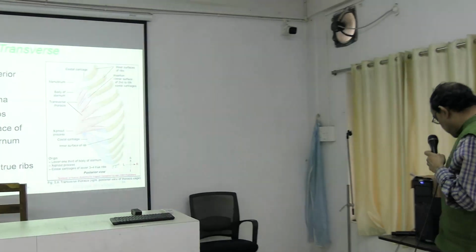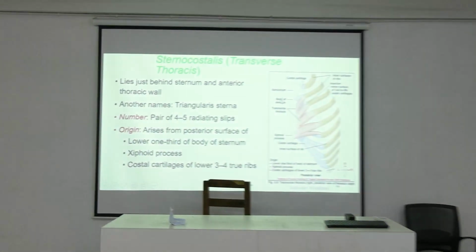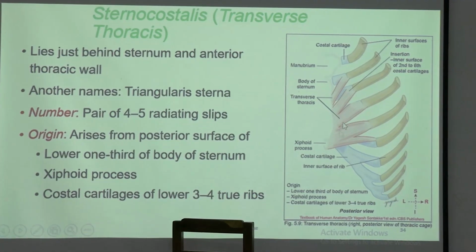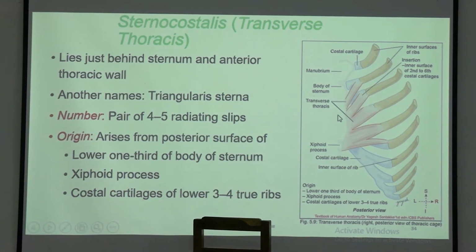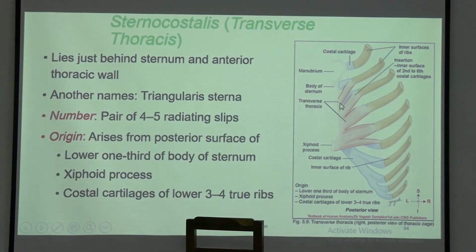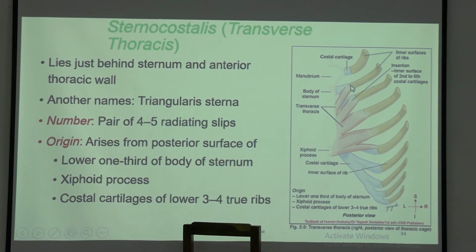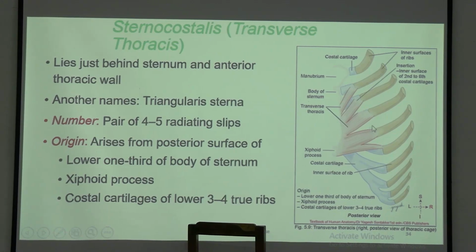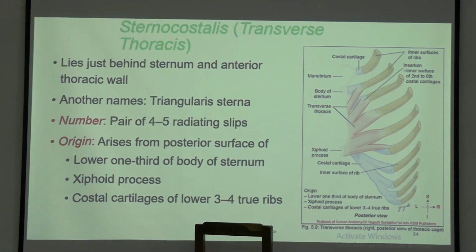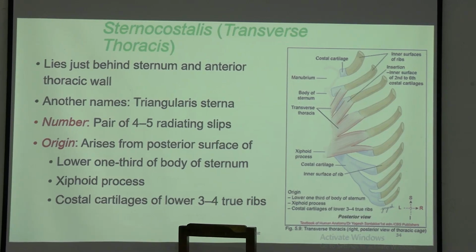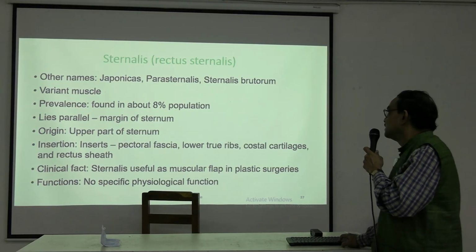Where is the sternum? Posterior surface of the manubrium, posterior surface of the body, xiphoid process. So this muscle takes origin from the sternum and is inserted to the second, third, fourth, fifth, sixth ribs. This is called the sternocostalis muscle. Again, this is another intercostal muscle, sternocostalis.